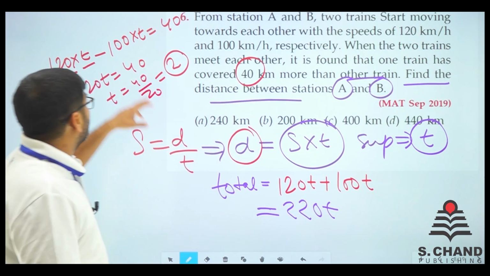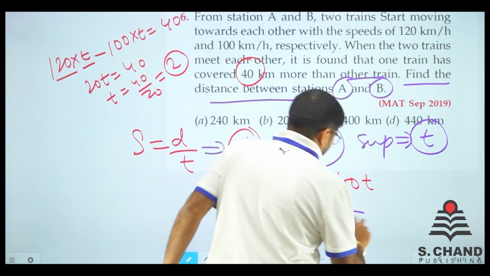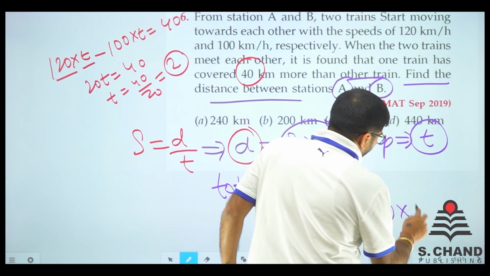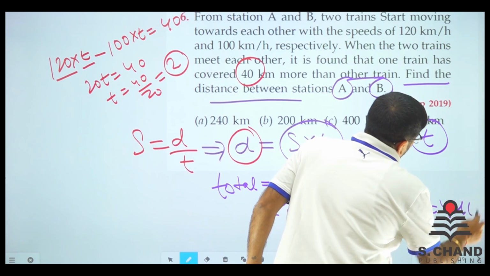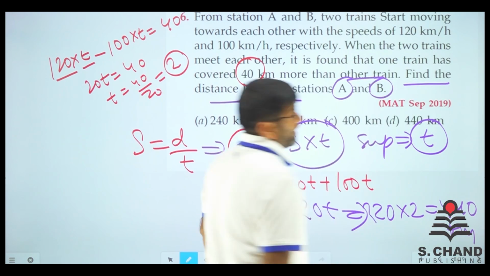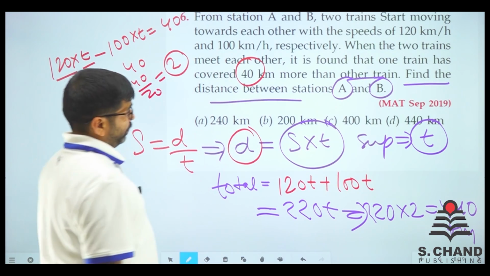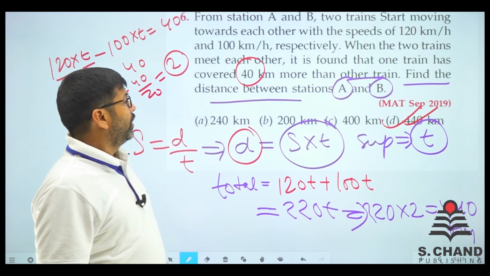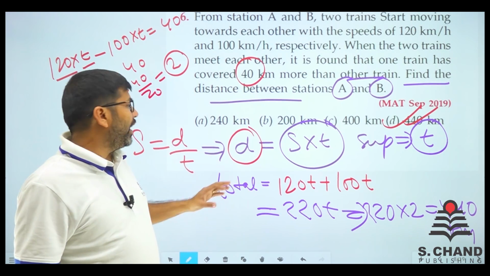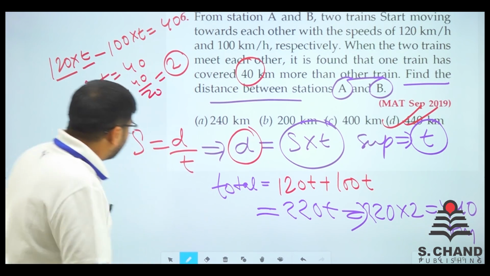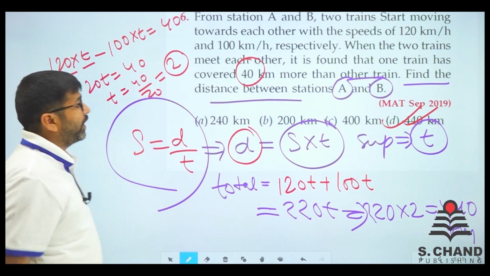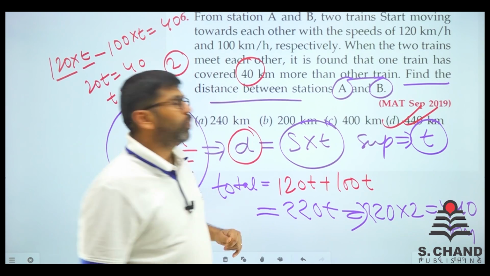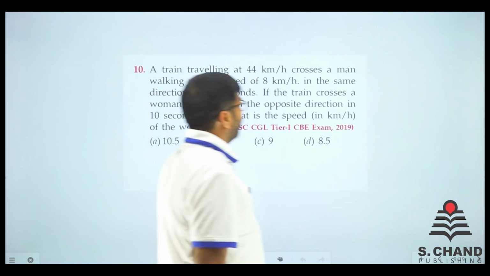T is given as 2. So 220 into 2 is equal to 440 kilometer, the distance between A and B. Here we have 440 kilometers. So I have done it in a very simple way. The basic formula is speed is equal to distance upon time, distance is equal to speed into time, and this is the way we do it, right? Move on to the next question.